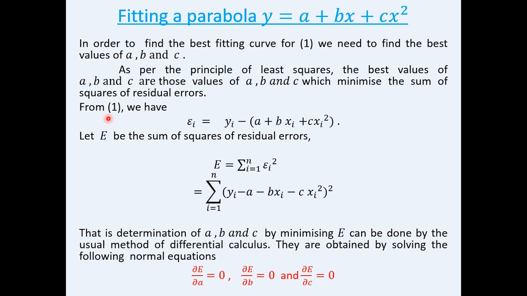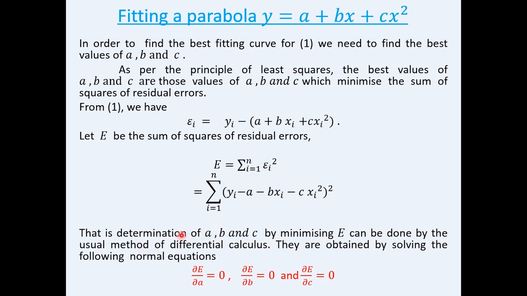From equation 1, we have epsilon i is equal to yi minus (a plus b xi plus c xi square). Let E be the sum of squares of residual errors, then E is equal to summation i equal to 1 to n, (yi minus a minus b xi minus c xi square) the whole square.